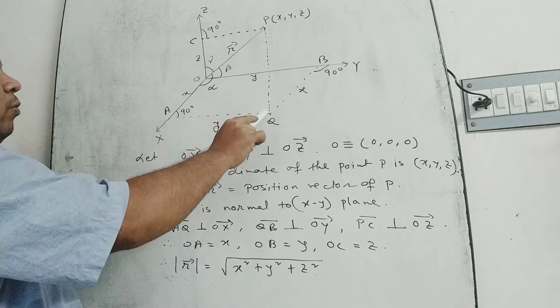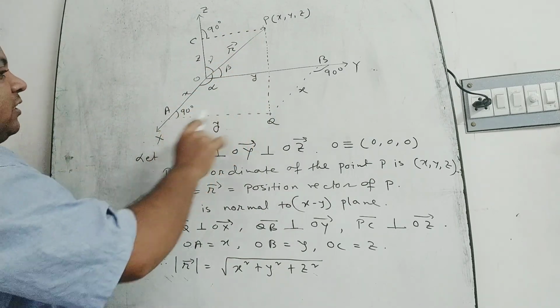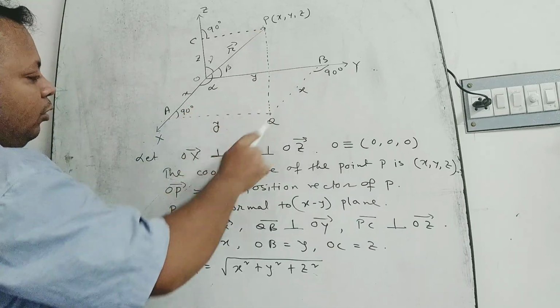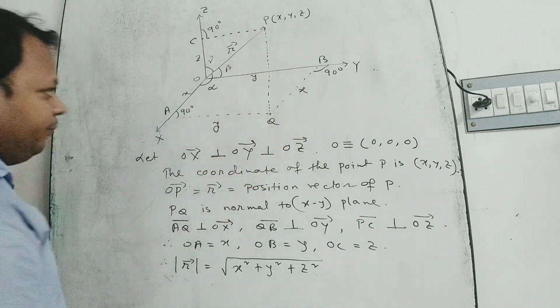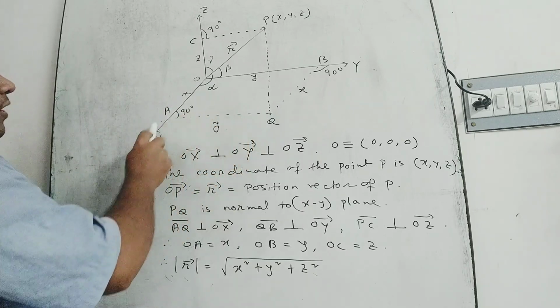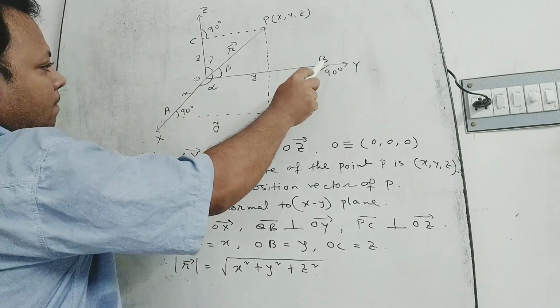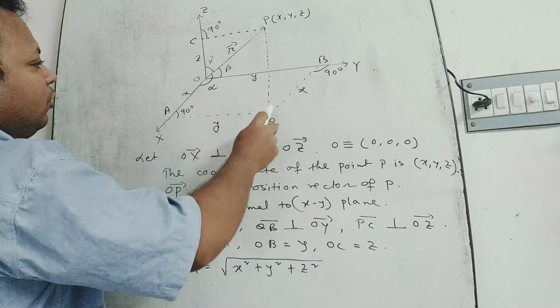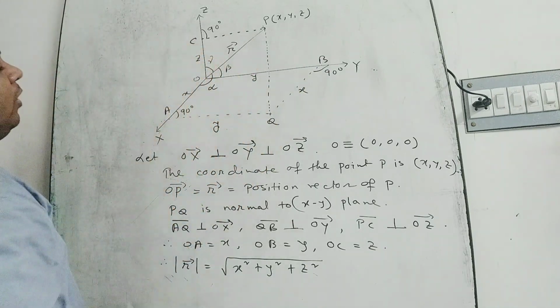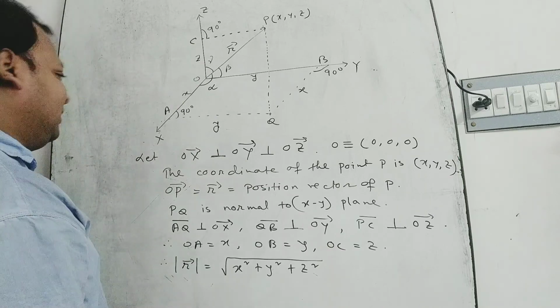PQ is normal on the xy plane. Here AQ is normal on OX axis, BQ is normal on OY axis, and PC is normal on OZ axis respectively.